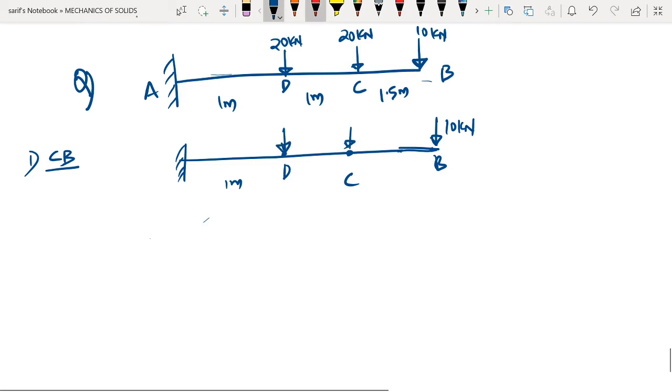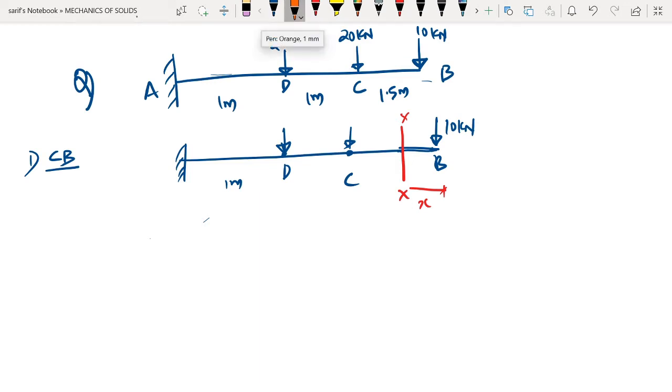As we have discussed in the previous example, we will be considering a section XX at a distance x from the point B. So now this is the section XX. At the section XX, we are going to find the expression for shear force and bending moment.